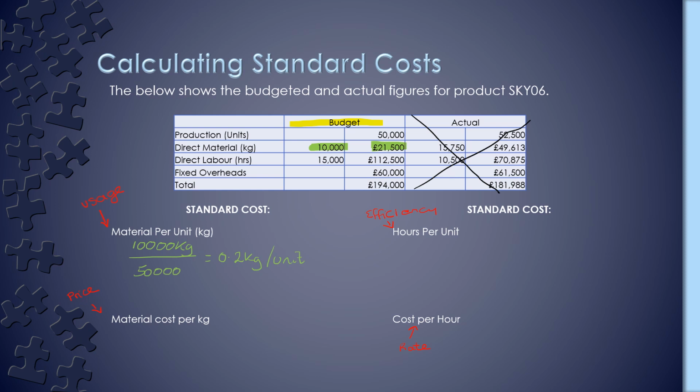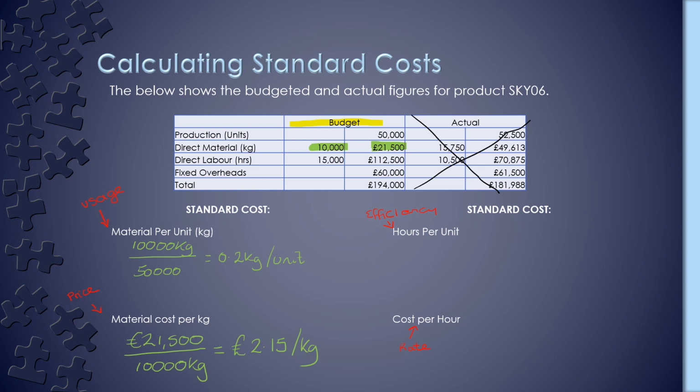So per kilogram, it's going to be £21,500 divided by our 10,000 kilograms, and that gives us £2.15 per kilo. So there's our standard cost for our materials.